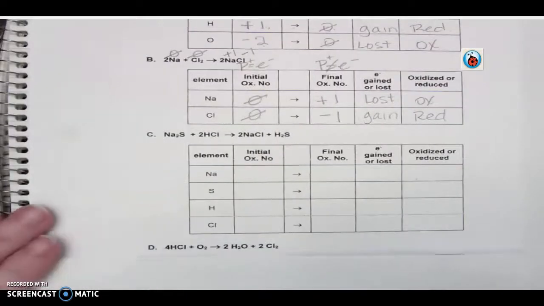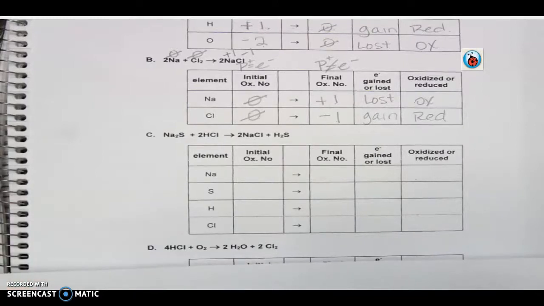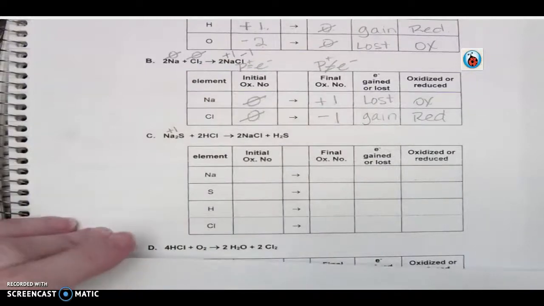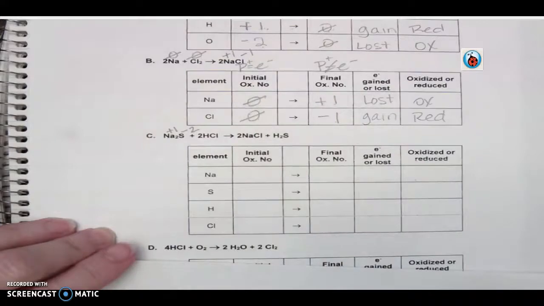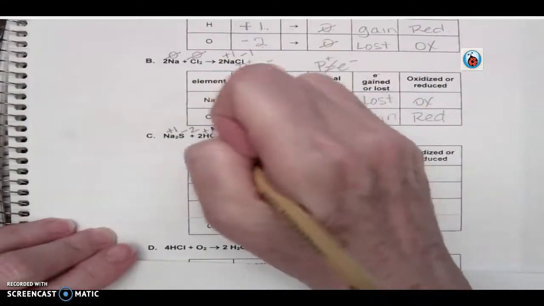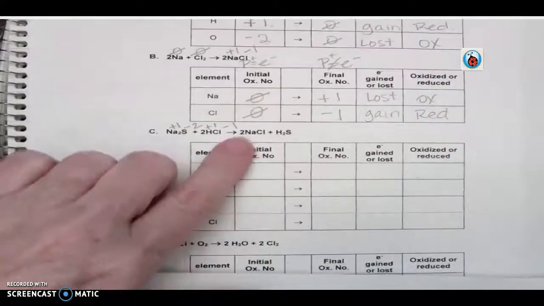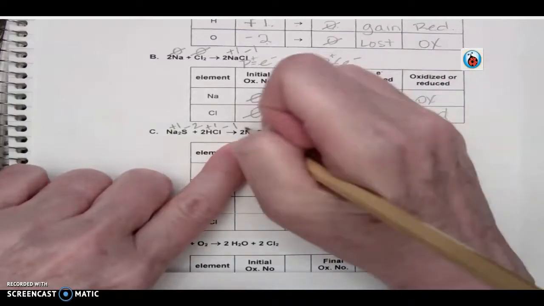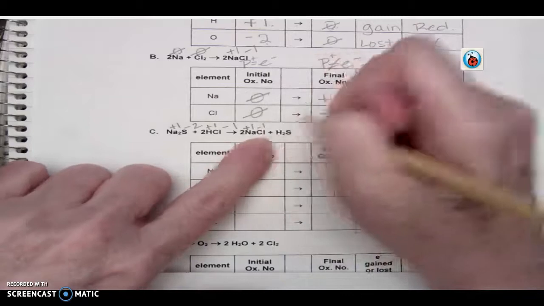Okay, again, assign your oxidation numbers from your ion chart. Okay, sodium's always +1. Sulfur is always -2. Hydrogen is a +1. And chlorine is a -1. On the other side, again, we don't have any single elements, so these are all charged up because they're all in relationships.